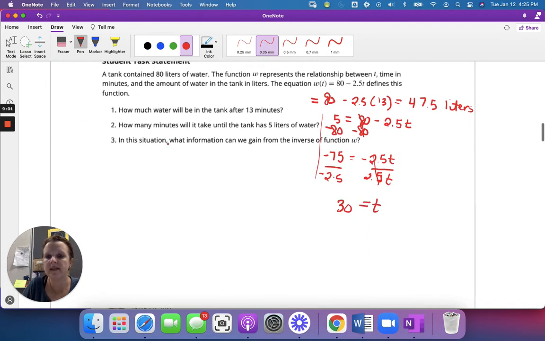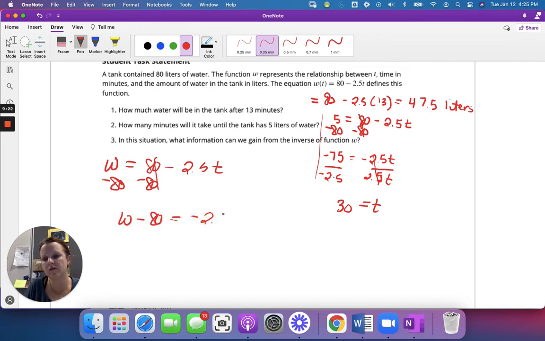Cool. In this situation, what information can we gain from the inverse function of W? So if we knew W equals 80 minus 2.5 t, if I subtract 80 from both sides, I'd have W minus 80 equals negative 2.5 t.